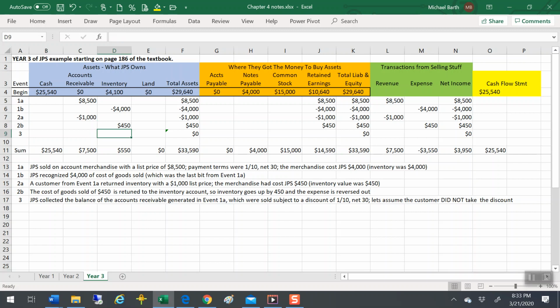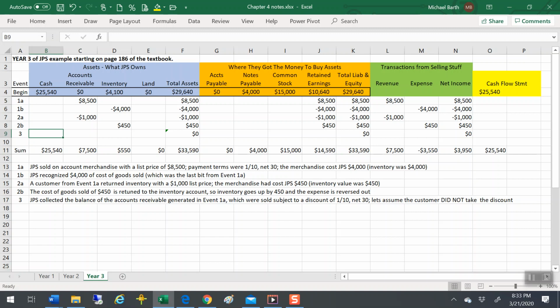And then item number 3, JPS collects the balance the accounts generated, which was $8,500 less than $1,000 where somebody returned their stuff. So it's $7,500. Let's keep it simple. They did it after the discount period because we don't want to screw around with the discounts because that would just take 2 entries.